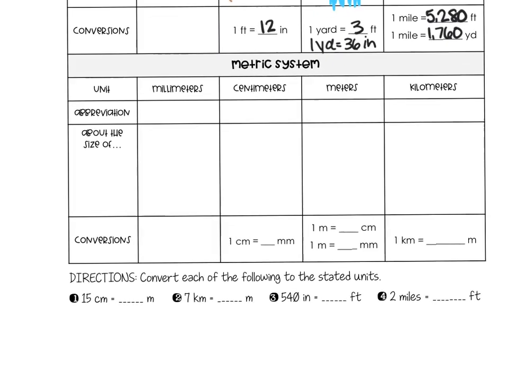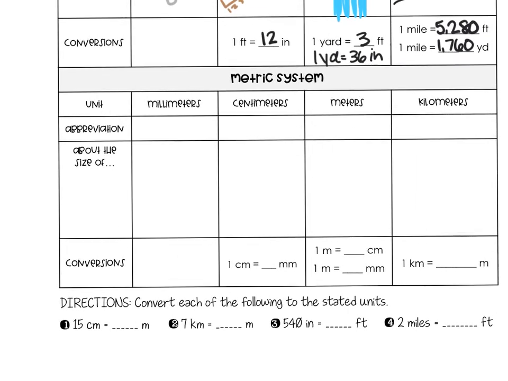Now the rest of the world uses metric, so we'll look at these. First one is millimeters. A millimeter is super small. You used it some in elementary, but maybe not a whole lot since then. It is the thickness of an ID or a credit card or debit card.